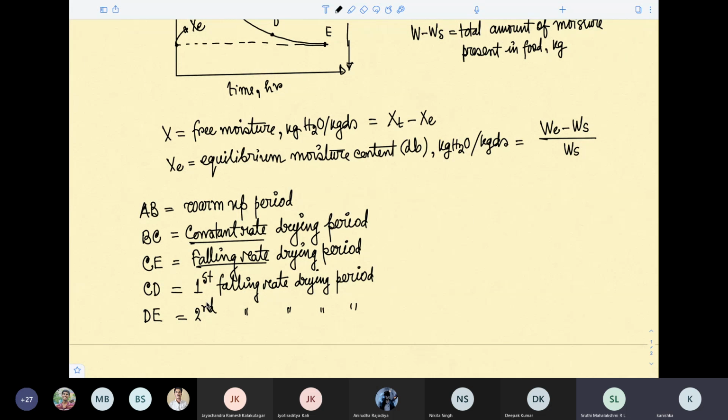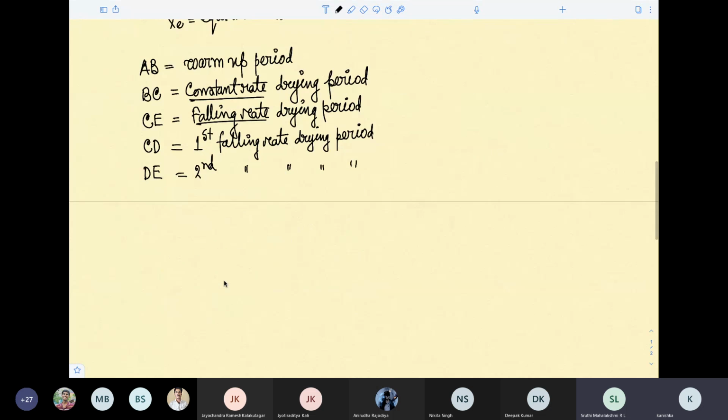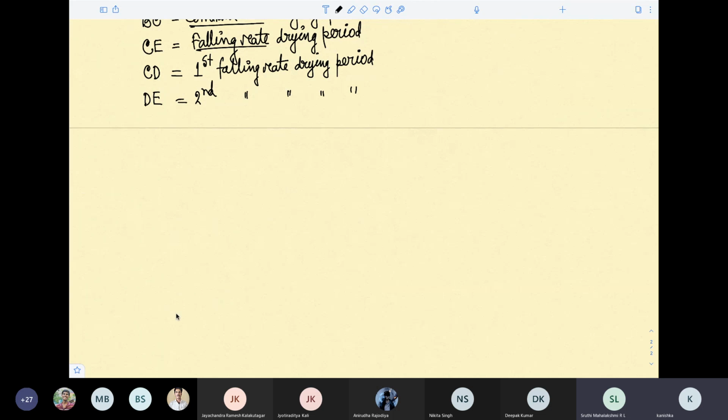Now, if I plot this rate with the moisture content, how does it look? Let's do it.